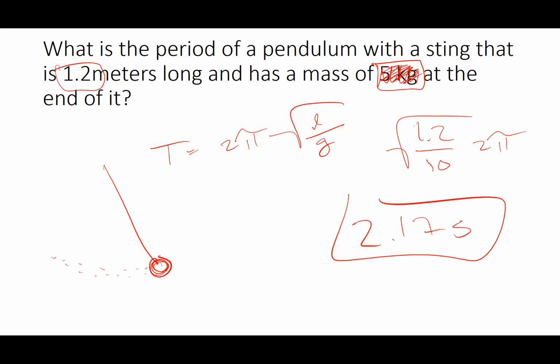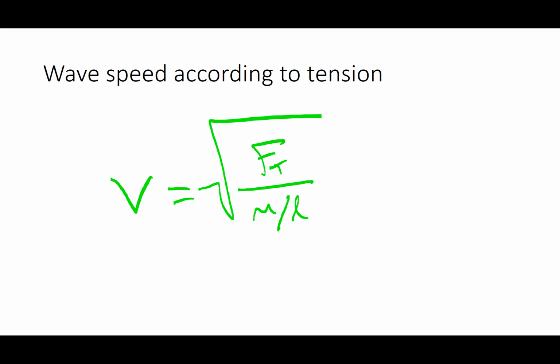Alright, the other part of this video deals with waves. If I have a wave moving down a string, the speed of that wave is equal to the force of tension between the two ends of the string divided by the mass of the string divided by the length of the string. There's a lot going on here. But if you think about it, what happens if the force of tension goes up? What's going to happen to the velocity of the wave?